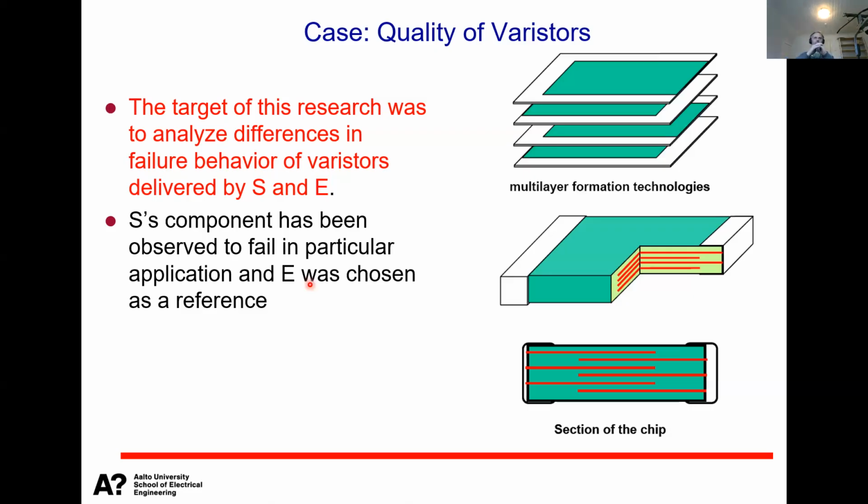And then they noticed that their sourcing department had changed the varistor component, so that instead of using components from manufacturer E, maybe I can say it here because it's the good one, the EPCOS component, which is a high quality, high cost varistor, they had changed to a cheaper one, which is marked here as S. I'm not going to mention this company name because it was the poorer quality company.